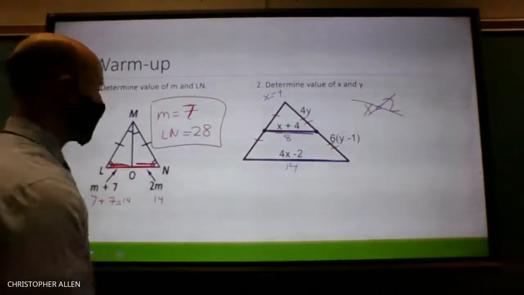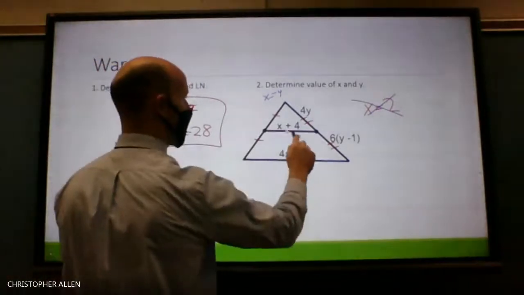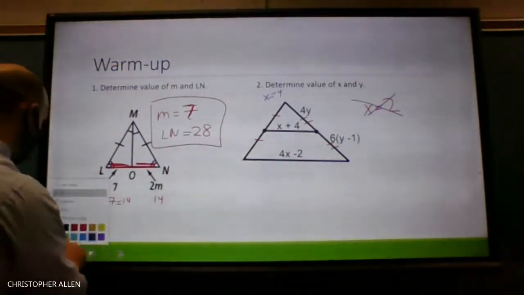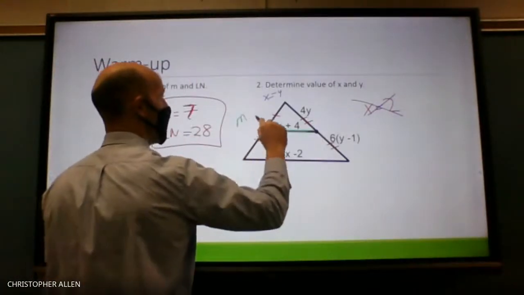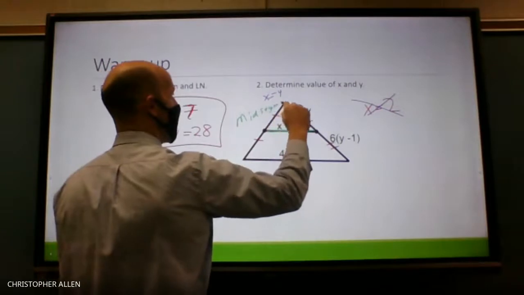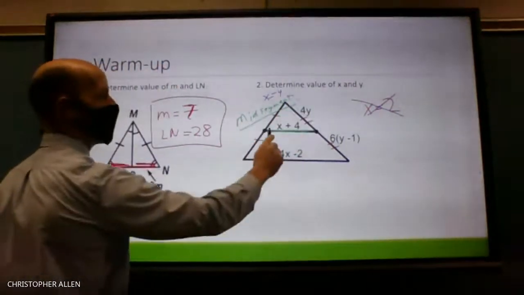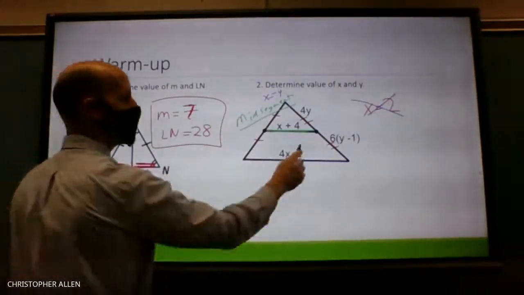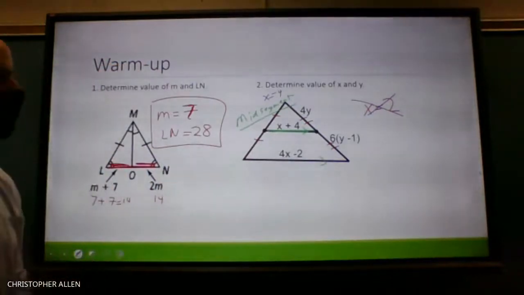So let's go ahead and talk about this one. We've got a little bit of an issue here with what we did last week. Remember this thing right here, let's use green. This segment right here is called a mid-segment. There are 2 things about a mid-segment when we're talking about a triangle. Remember, a mid-segment joins the midpoints of two sides. First of all, we know that this side has to be parallel to this side.